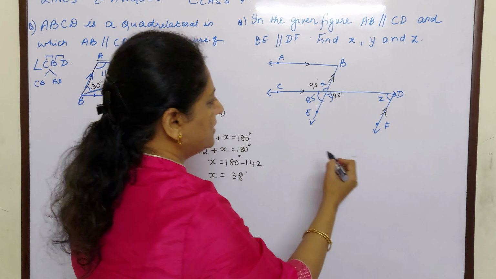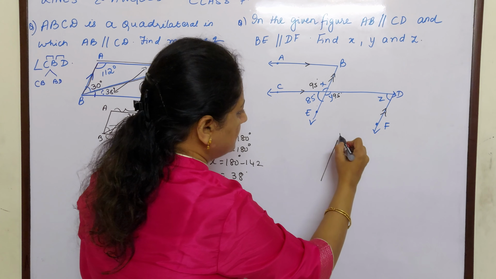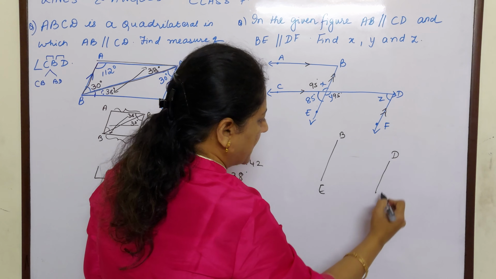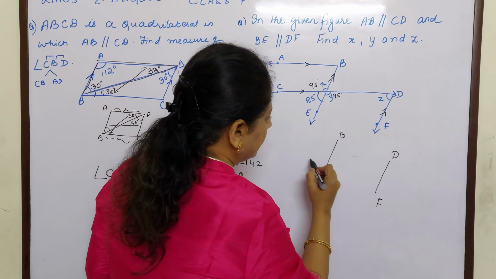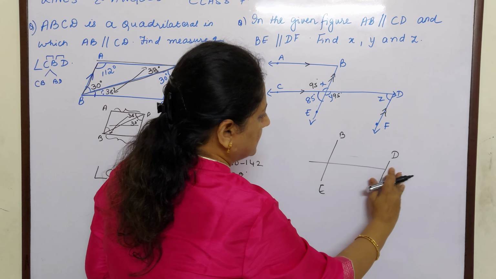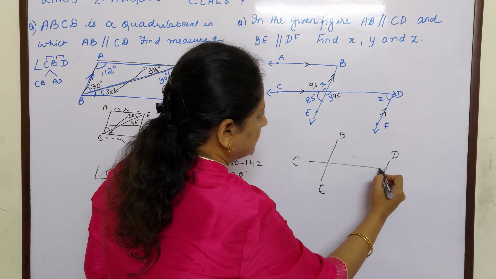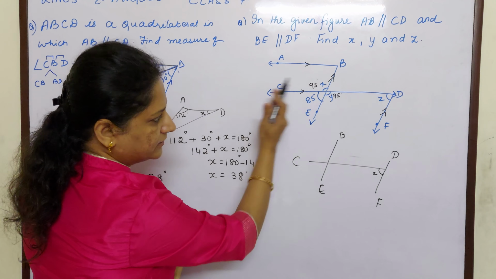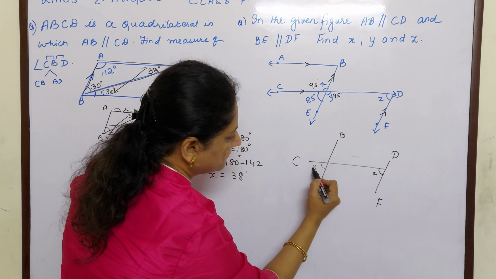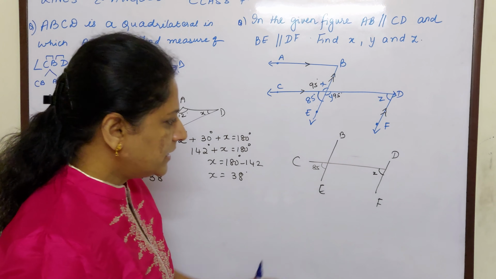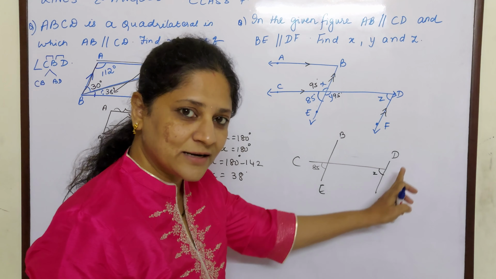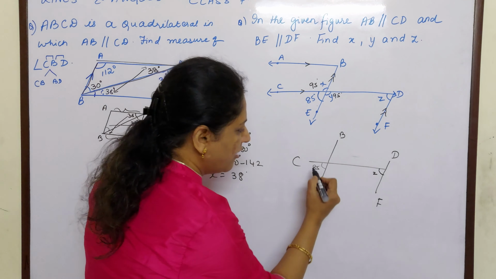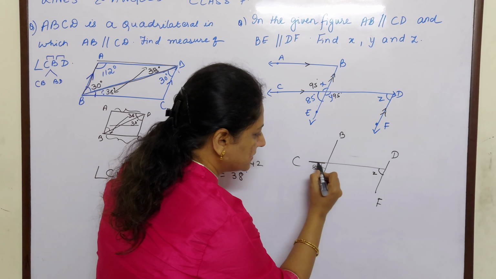This parallel we finished. Now let us take BE and let us take DF. They are parallel lines and this is standing like this. Right? And this is z. And where is 85, children? Here, right? Outside. So this is 85. Now, if this line is parallel to this line and CD is the transversal, what shape is it forming, children?